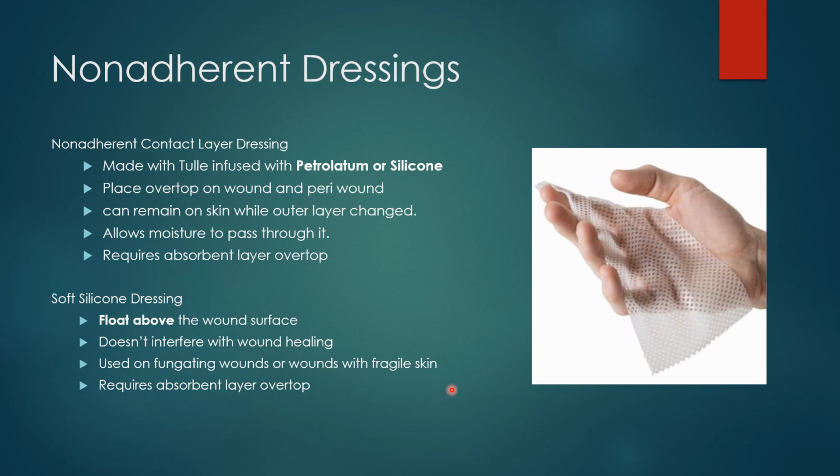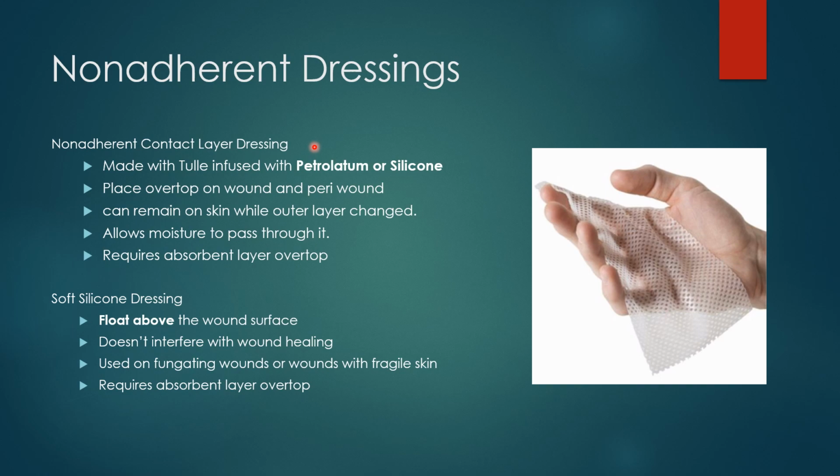Next, non-adherent dressings. These are dressings that do not cause damage to the tissue layer underneath them. There are two different kinds that are most common. The first one is a non-adherent contact layer. This dressing is made of a tulle and is infused with either petroleum or silicone.